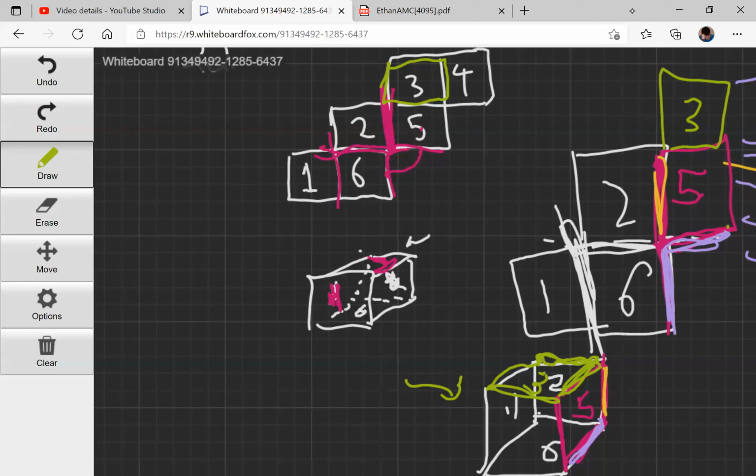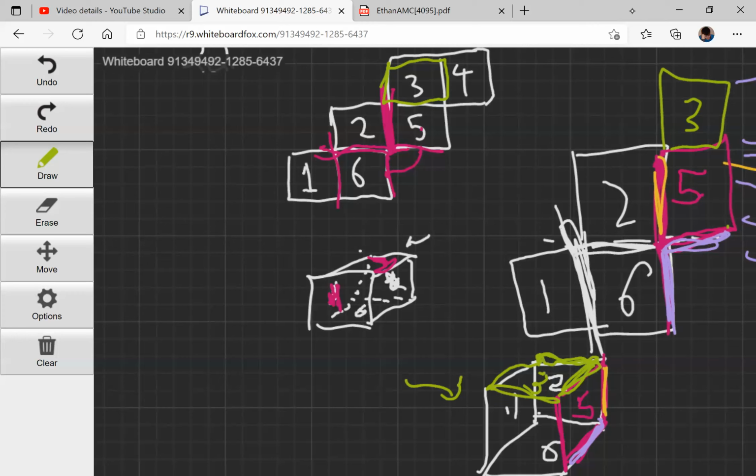What is opposite 3? Can't you see on this picture? So 6.